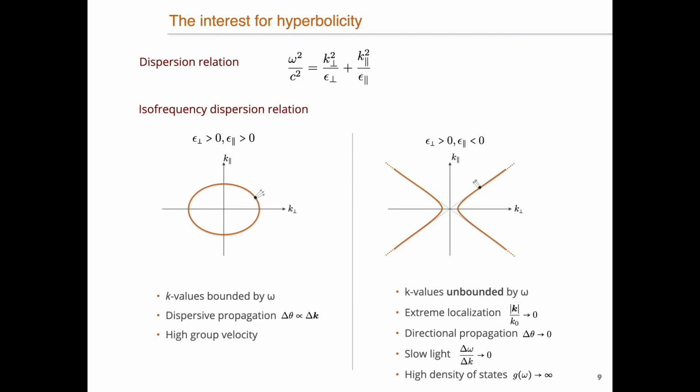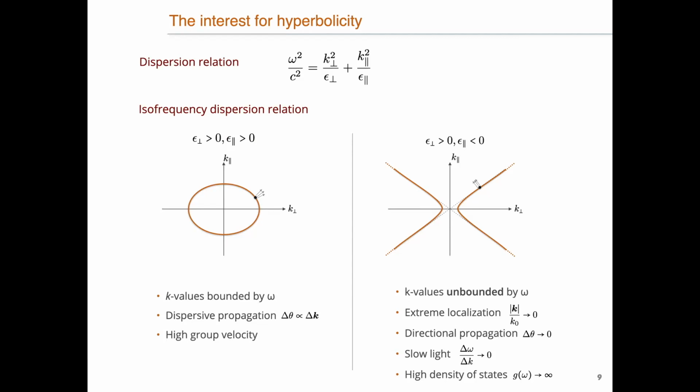The first thing we find is that the maximum value of k is either here or there, and it will always be bounded by the frequency we have put in this equation. If I want to increase k, I need to select a higher frequency so that I can have a larger ellipsoid. So k values are always bounded by the frequency at which we're working.